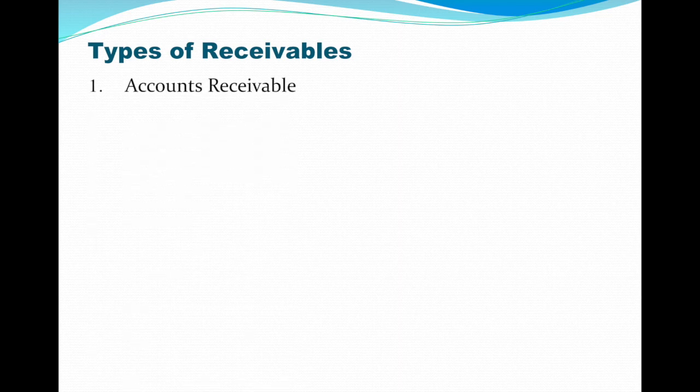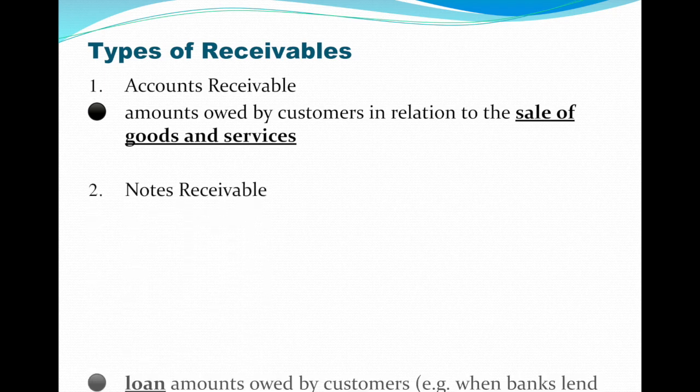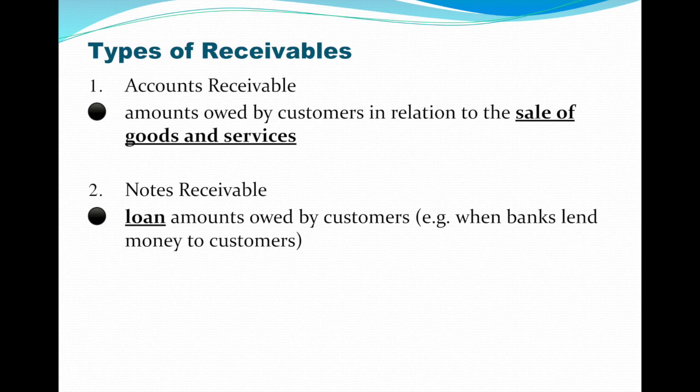But just to go through them, we've got accounts receivable, and these are amounts owed by customers in relation to the sale of goods and services. There are notes receivable, which is a loan, and these amounts are owed by customers.